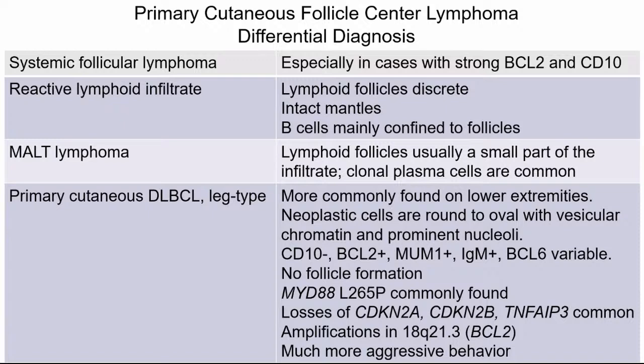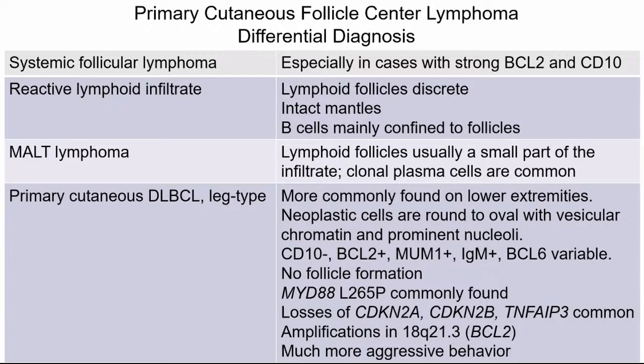Their immunophenotype is as follows. They are CD20 positive B cells, but they are negative for CD10, positive for BCL2, positive for MUM1, positive for IgM, and then BCL6 is variable. There's no follicle formation, and the MYD88 L265P mutation is commonly found.